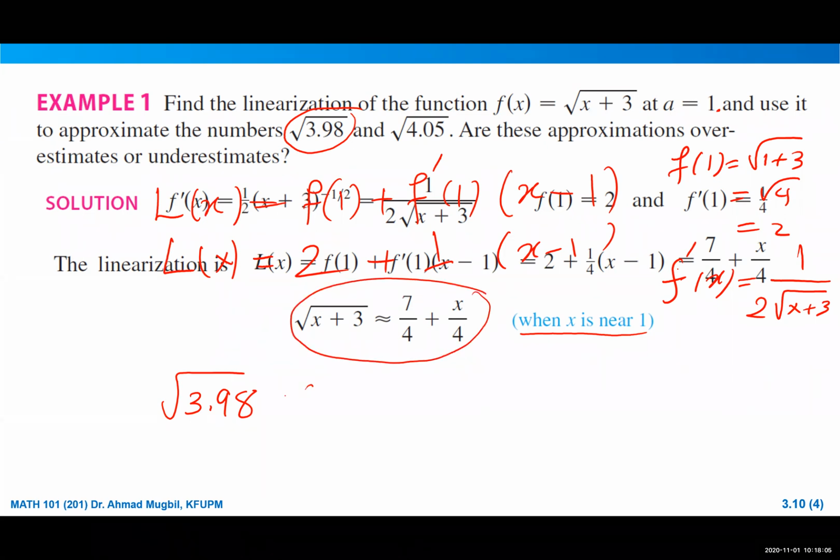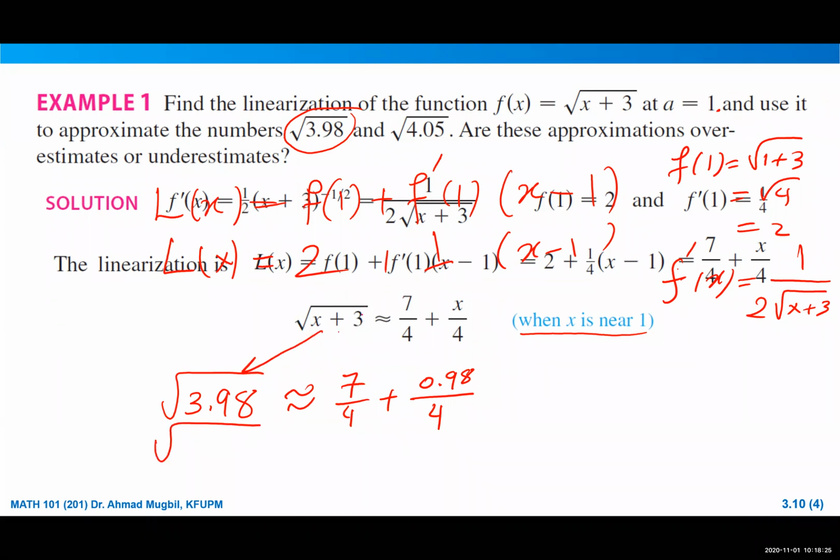This is approximately equal to 7 over 4 plus what over 4? 0.98. How do you know that? Because compare this with this. This is 3, so 3 plus what? 0.98.